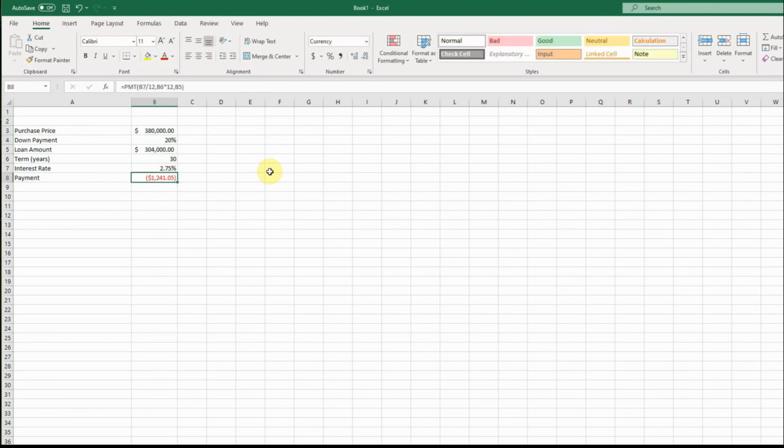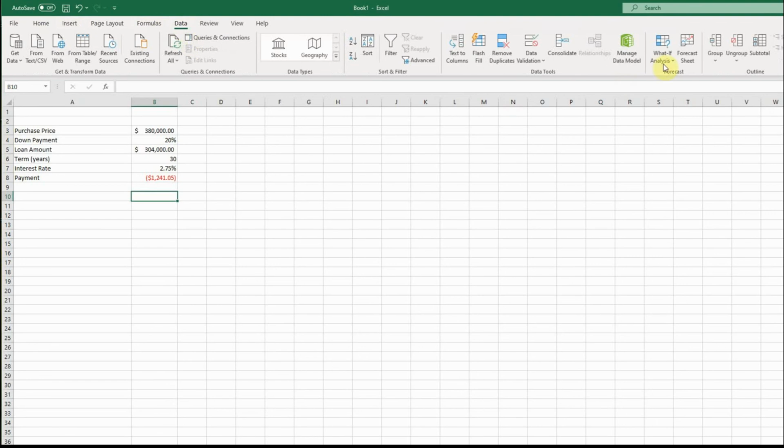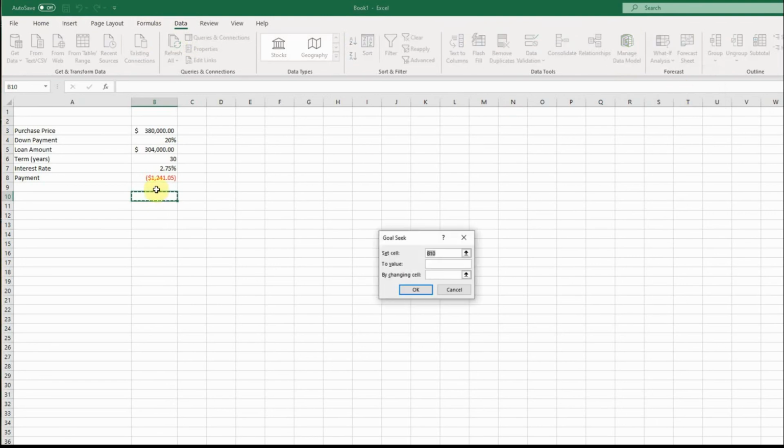But let's say you have a specific payment that you want to meet, and you know that number. As we've done before, you go to your data tab, what if analysis, goal seek, and we want this cell. Let's say we want to make our payment, and make sure, in this case, that it's a negative number, because the brackets mean it's negative.